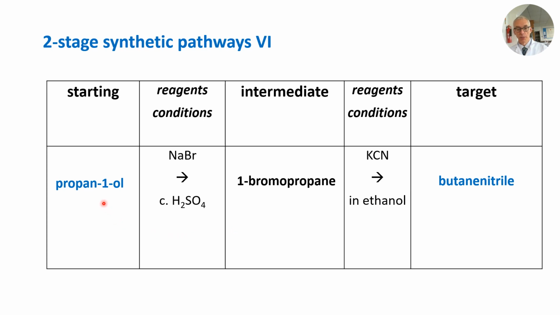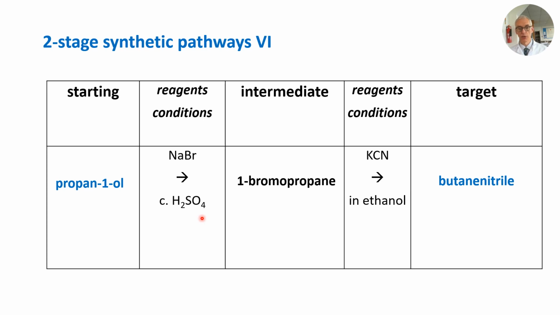Then we need to convert propan-1-ol to 1-bromopropane, sodium bromide, concentrated sulfuric acid. So that's the formation of a haloalkane from an alcohol, sodium bromide, for example, and concentrated sulfuric acid.